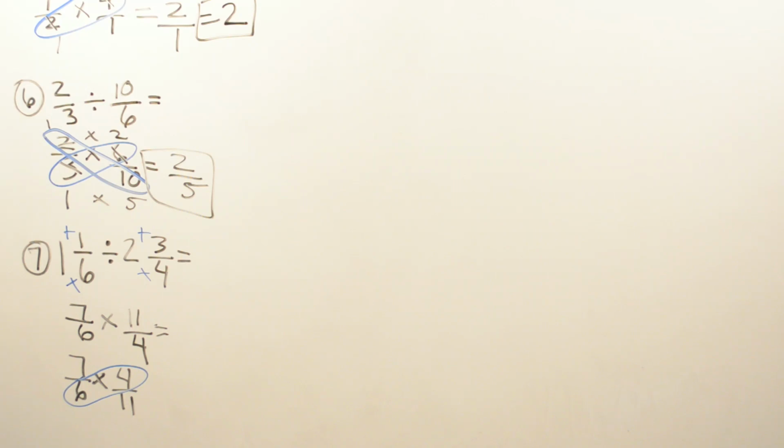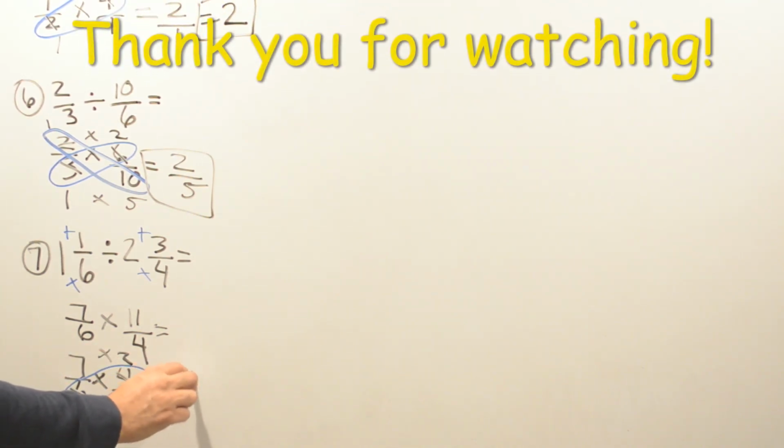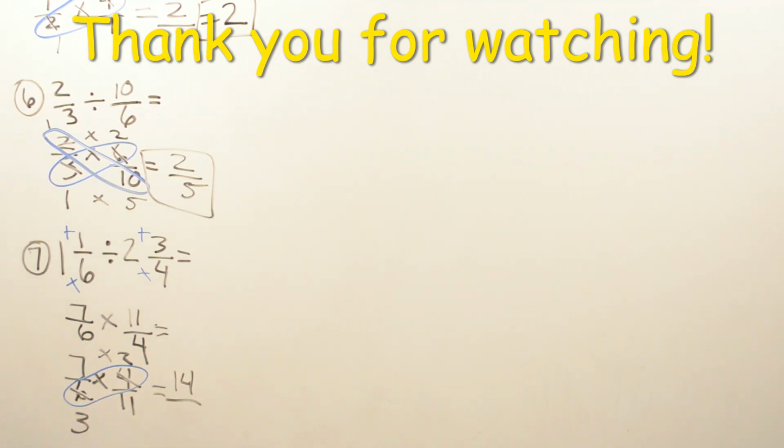I know 2 goes into both of them, so I know 2 goes into 4 2 times. And I know 2 goes into 6 3 times. So I'm going to multiply now. 7 times 2 is 14. And 3 times 11 is 33. And now I'm going to see if I can simplify. If I can't simplify, we just leave it as 14 over 33.